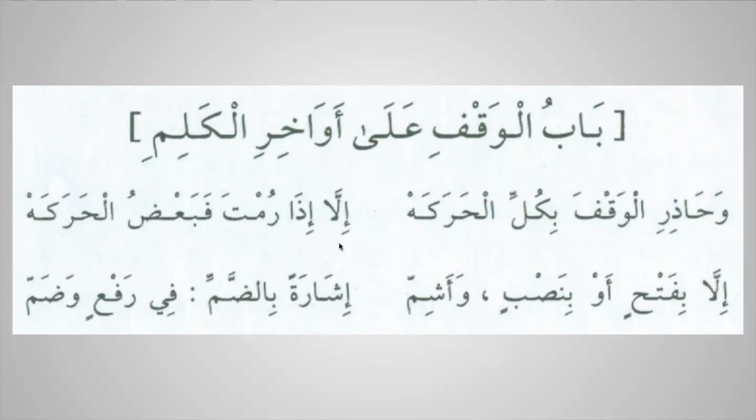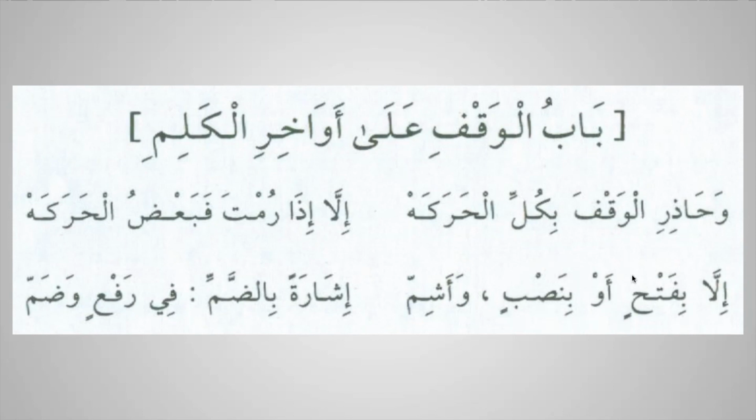But then he says, إِلَّا إِذَا رُمْتَ فَبَعْضُ الْحَرَكَةِ, except if you are doing what is called rawm. فَبَعْضُ الْحَرَكَةِ, then you can pronounce just some of the harakah. You can just pronounce the last harakah very lightly and quickly. إِلَّا بِفَتْحٍ أَوْ بِنَصْبٍ, except if the harakah that you're stopping on is a fatha, or it's a word that is mansoob with fatha.